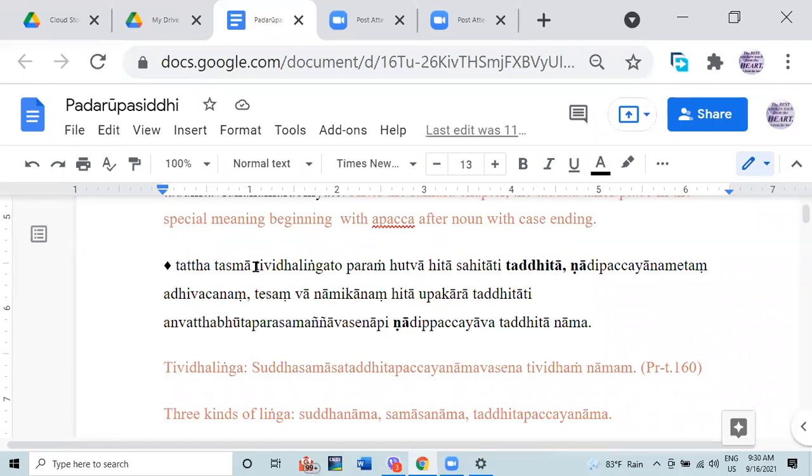If that compound with the beginning number does not modify another noun, it is Digu samasa. If it modifies another noun, it is Bhuvismasa. Okay, let's see. In this case, Tiwida modifies another noun.